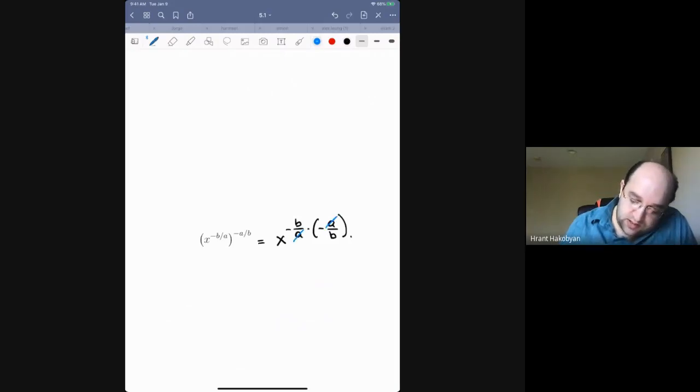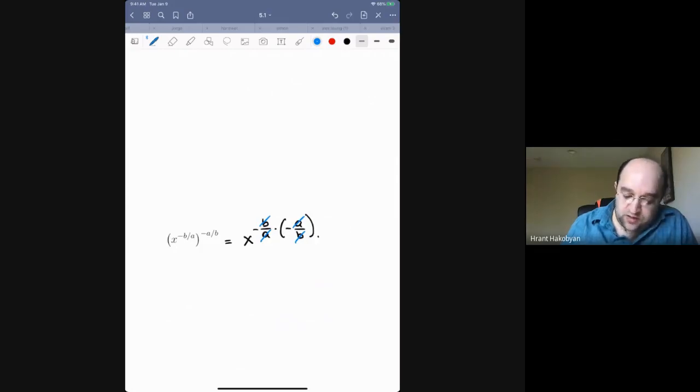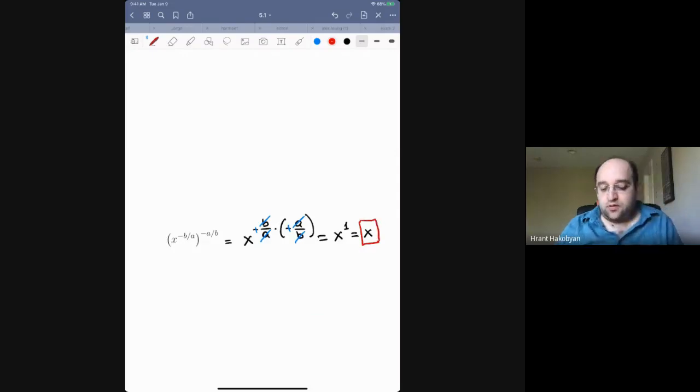This cancels that, this cancels that. And then negative and negative, of course, also cancel. So you get x to power 1, which is just x. Okay, no, this is not the derivative, it's just first power.